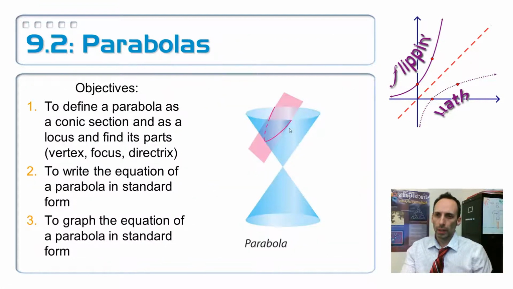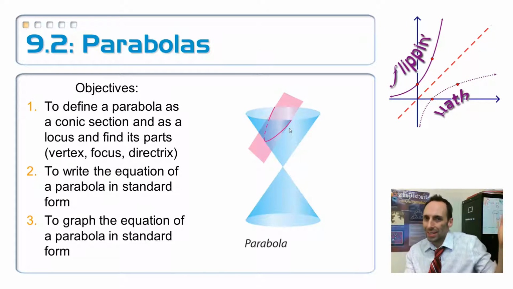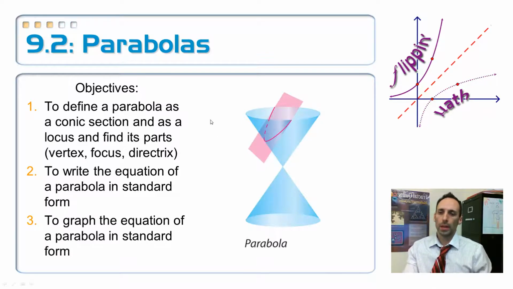So that polishes that off. We were able to define a parabola as a conic section. As you see in the picture right there, you take that double napped cone, and you slice it, chop, with a plane that is parallel to one of the lateral sides. And also as a locus.